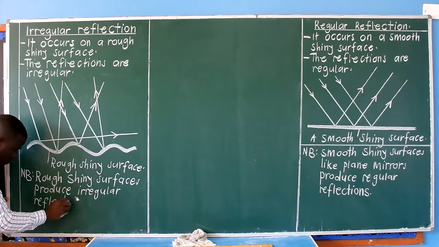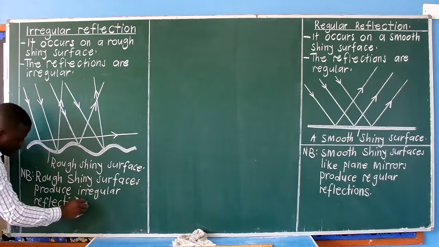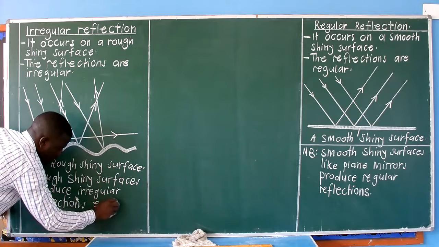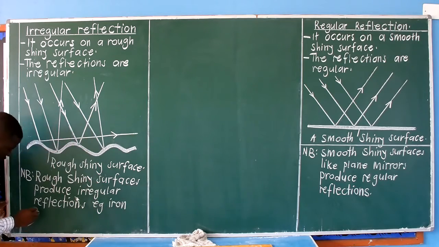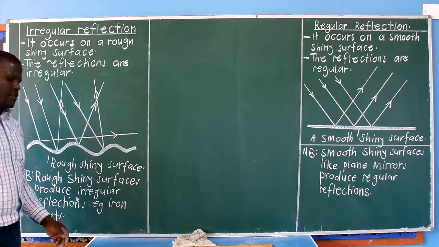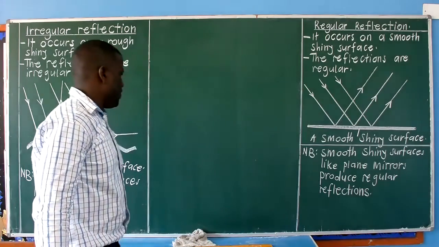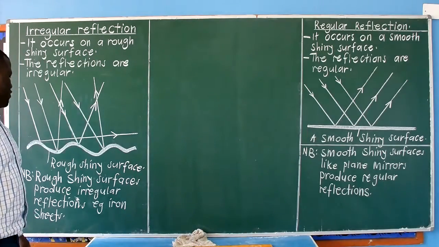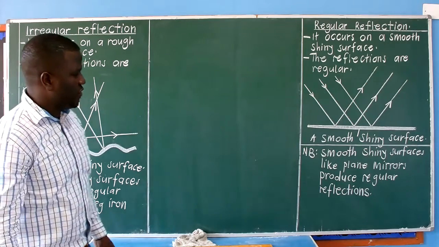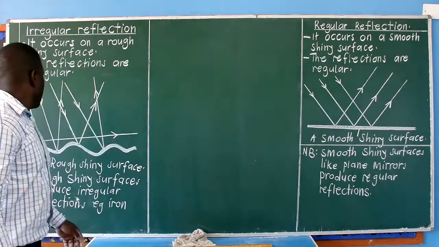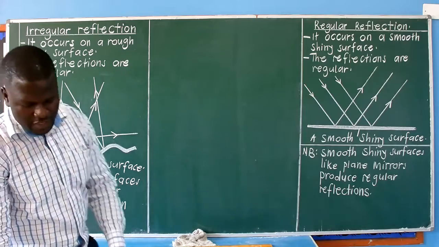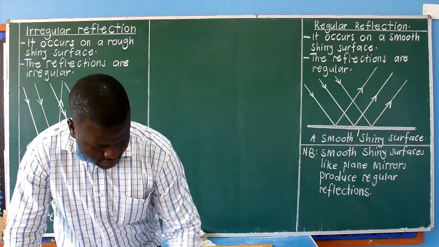E.g., iron sheets. Iron sheets produce irregular reflections. Reason? They have a rough, shiny surface.